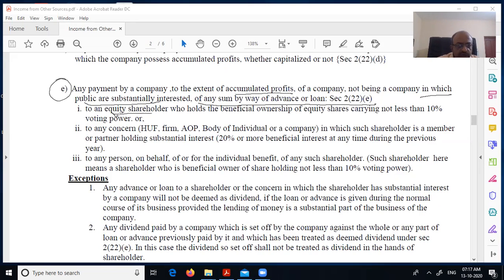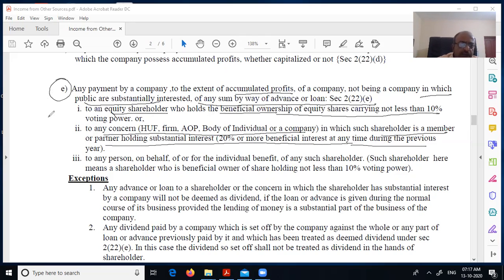To an equity shareholder who holds beneficial interest of the ownership of the equity shares not less than 10%, or in any concern such as HUF, AOP, BOI, etc., in which the shareholder is a member or a partner holding more than 20% of the beneficial interest at any time.